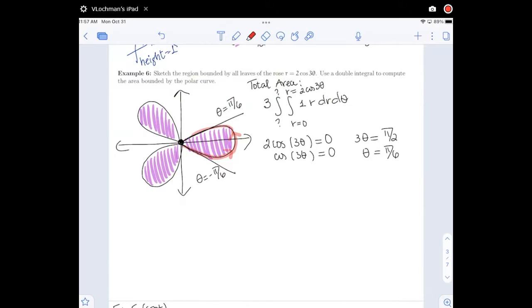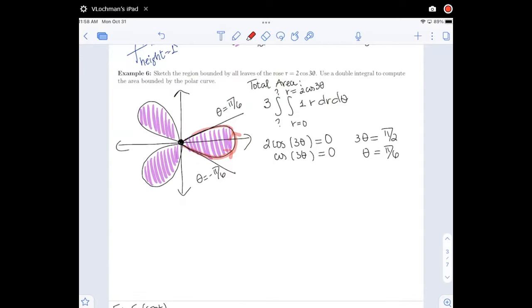I don't pick 11 pi over 6, right? Not 11 pi over 6, because if we go increasing, the angle needs to be increasing. It doesn't go to pi over 6, it keeps going to 2 pi, right? So you find the equivalent representation of that angle so that you have continuity between limits, negative pi over 6 to pi over 6. That's a continuous interval.